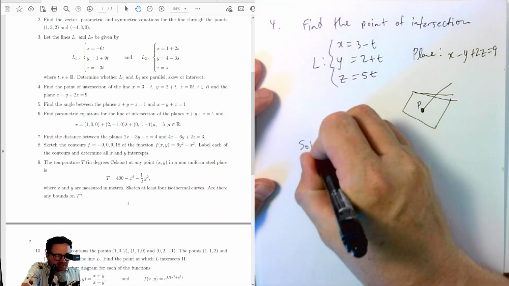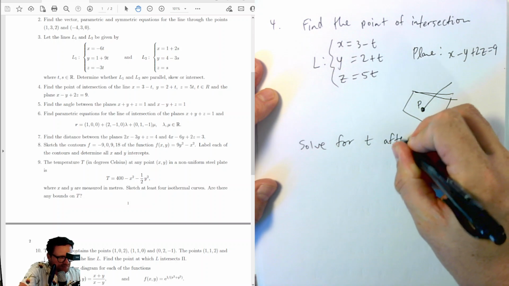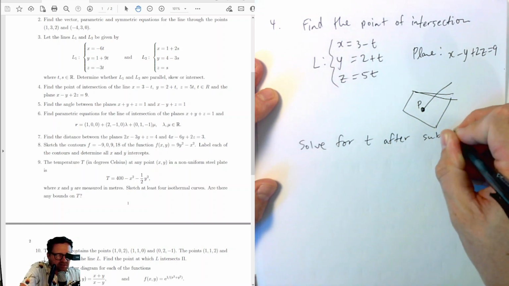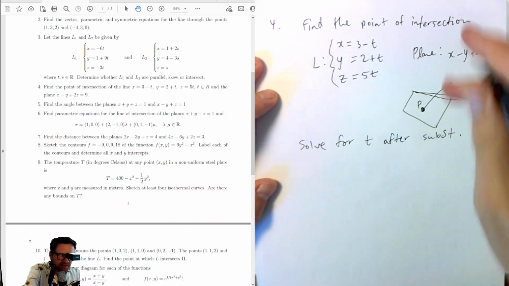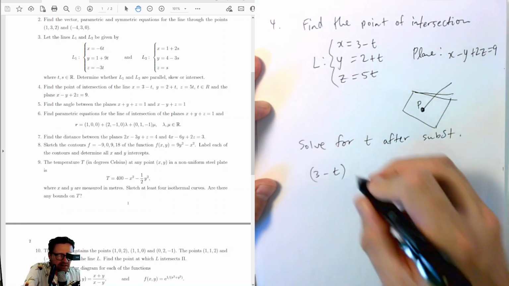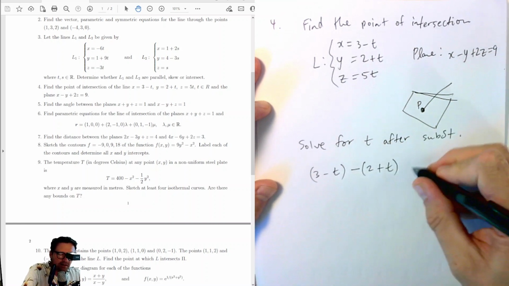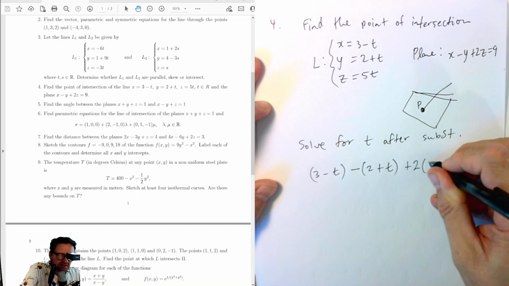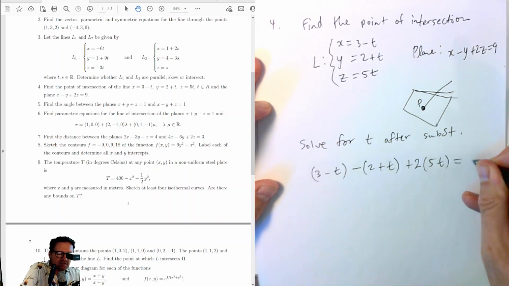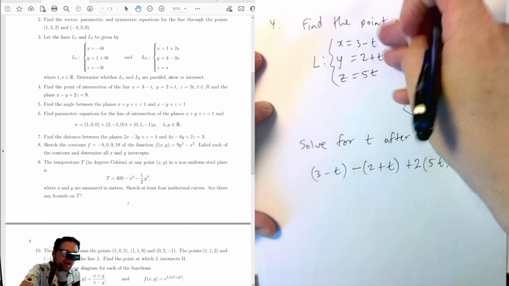So the strategy here is solve for t after substitution. Okay, so let's sub in. So we've got 3 minus t for x. Then we're subtracting y, so 2 plus t, and then plus 2 times z, which is 5t, and this is equal to 9.